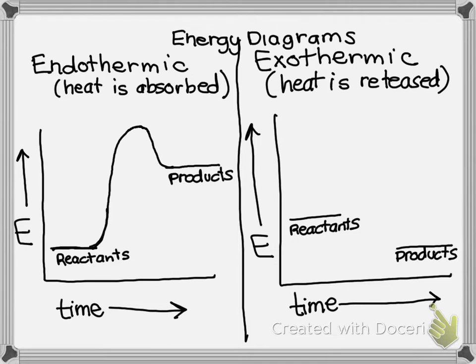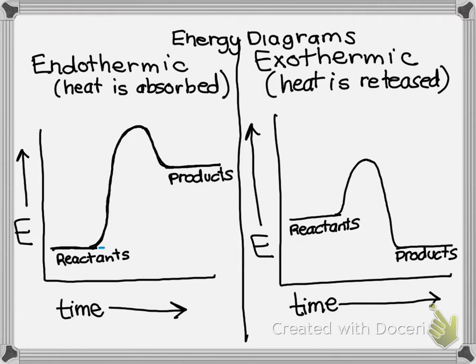So we're going up when the bonds are broken, and down, energy is released, when the bonds are formed. And on the exothermic, it does the same thing. We go up when the bonds are broken. Once the bonds are broken and the new bonds are formed, energy is released, and we go down. So we get something that I call like a mountain. It's going on a trip. It's going over this mountain.